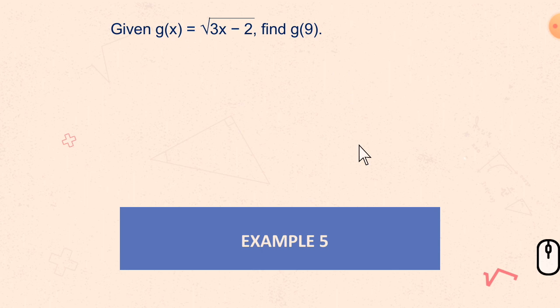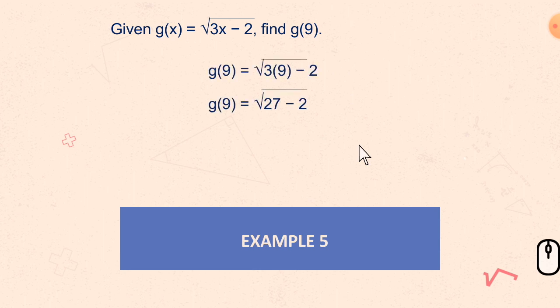Next is the g of x is equal to square root of 3x minus 2 and then find g of 9. So substitute natin yung 9 sa ating value ng x. Kaya magiging ganito siya. So square root of 3 times 9 minus 2.